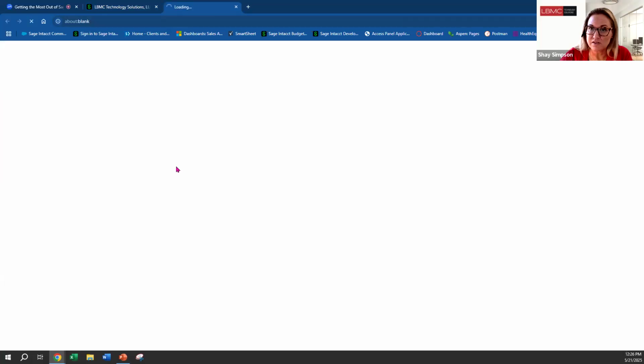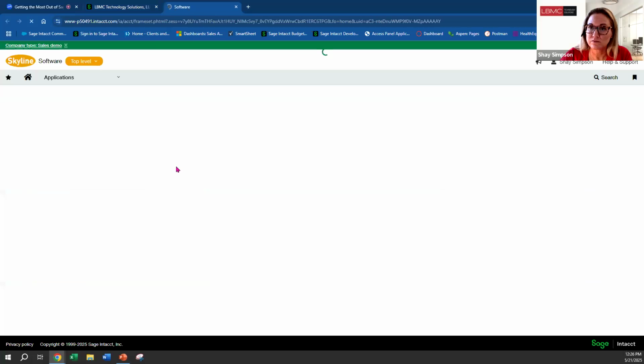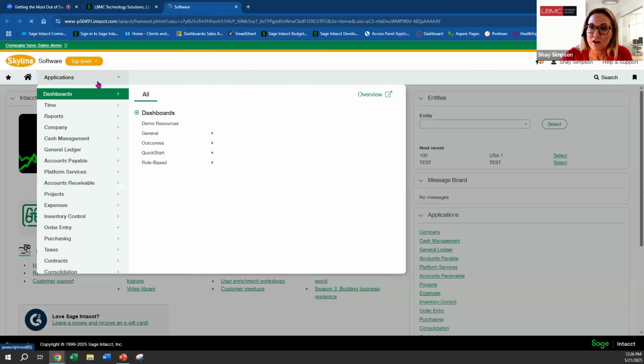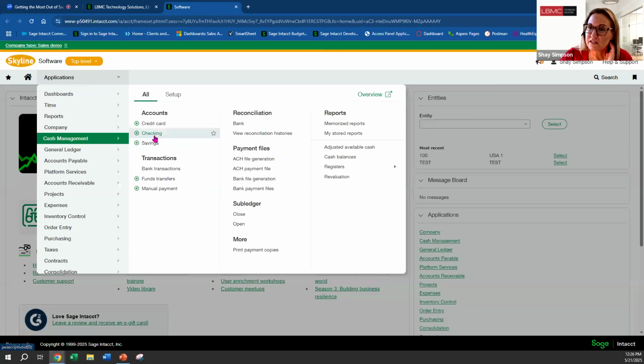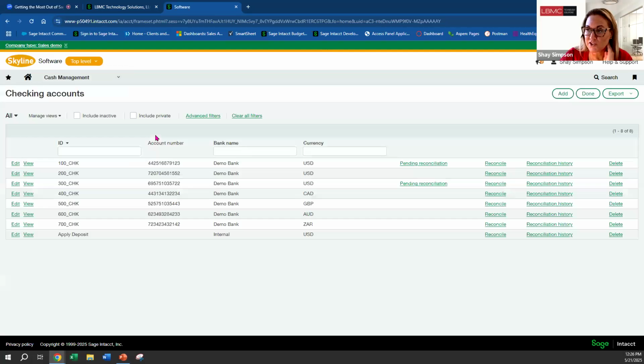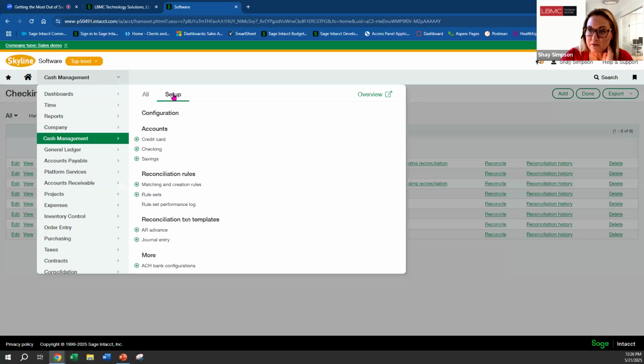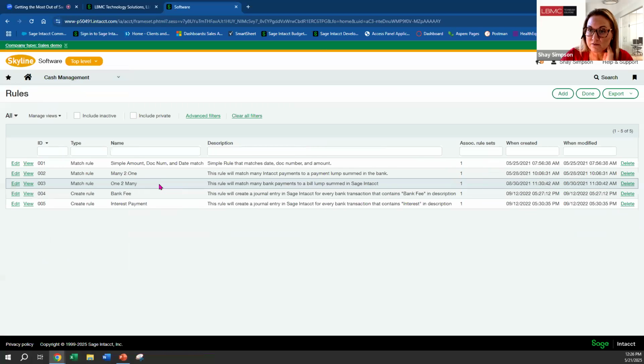All right, let's go into this demo environment here. In this example, my cash accounts are at the top level. So I'm going to set up my matching rules, and I'm going to make sure those are set up at the top level as well.